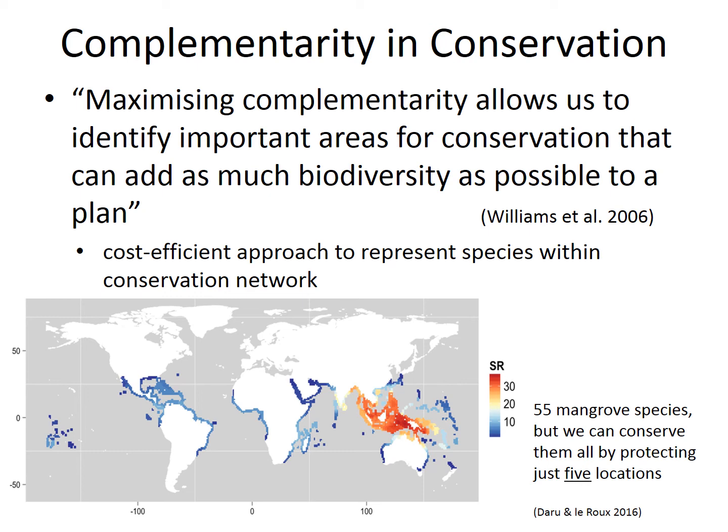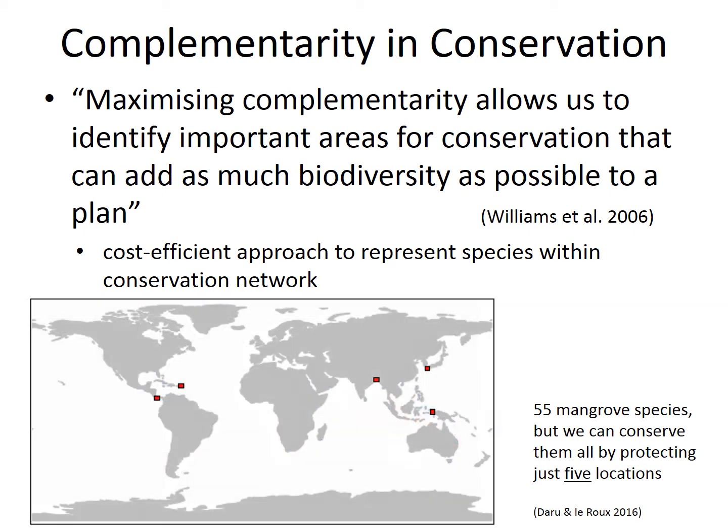Using the complementarity approach, we can identify just 5 locations across the world that would allow us to conserve all 55 species. Obviously, we want to conserve more and bigger areas, but if we have to just be most cost efficient, you can see that complementarity is a really good way to do that. Those would be the 5 locations, and only one of them occurs within an area of high richness.